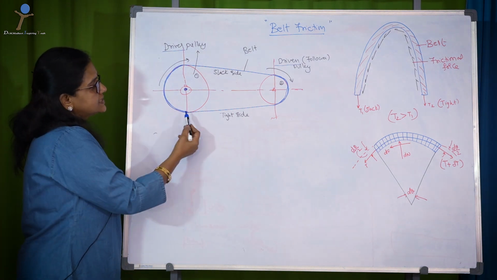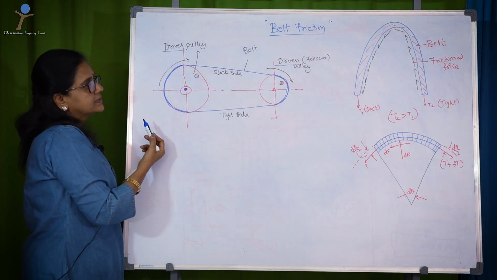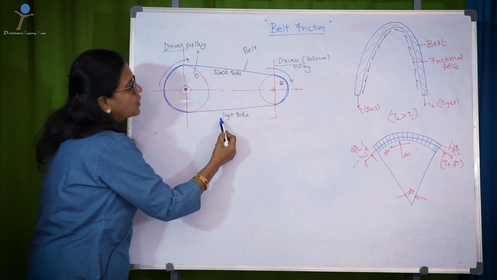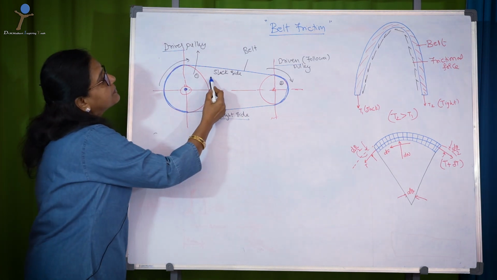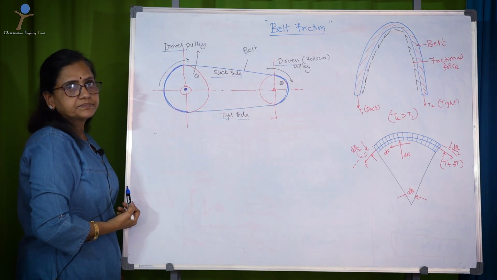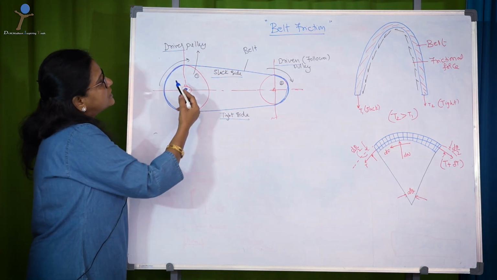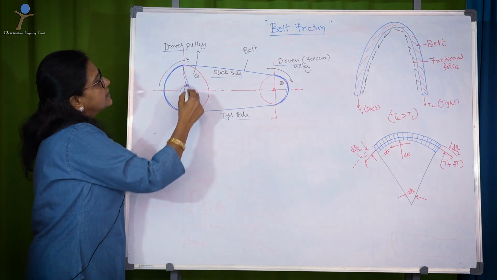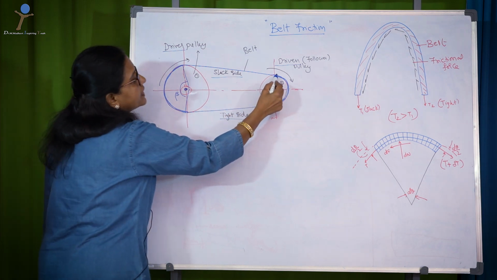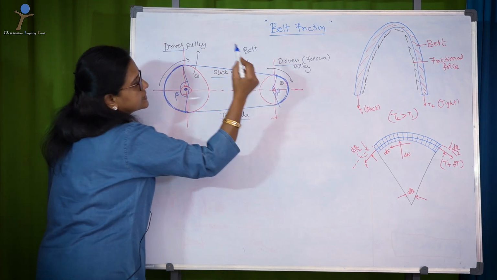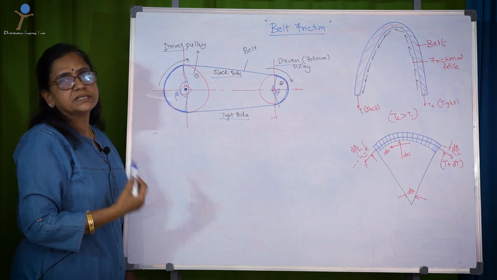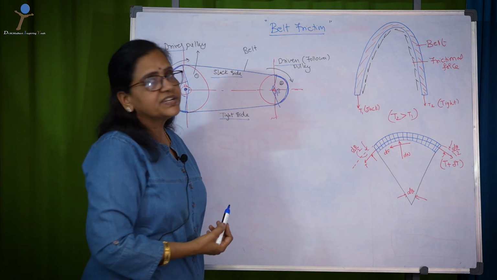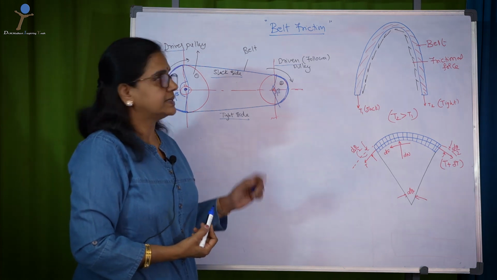Now, since the belt is wrapped around the two pulleys, the belt will experience two types of tensions, one being the tight side, the other one being the slack side. And another important point to be noticed is the wrap angle of the belt on the pulleys. Let me call it beta. Now, coming into the details of this frictional force on the belt.